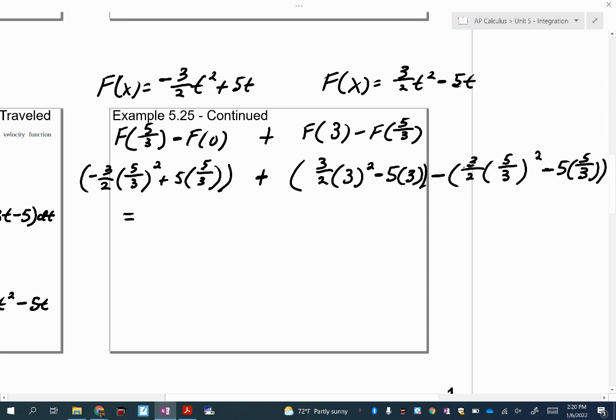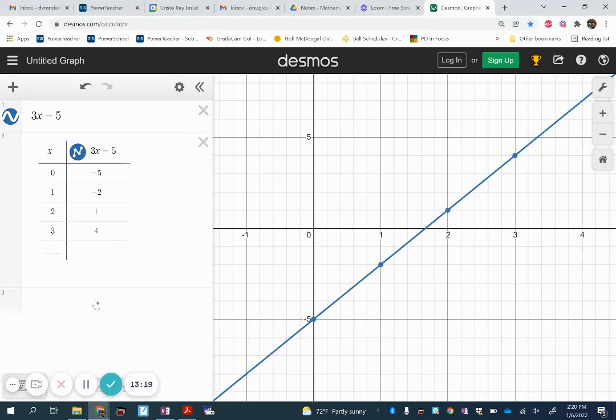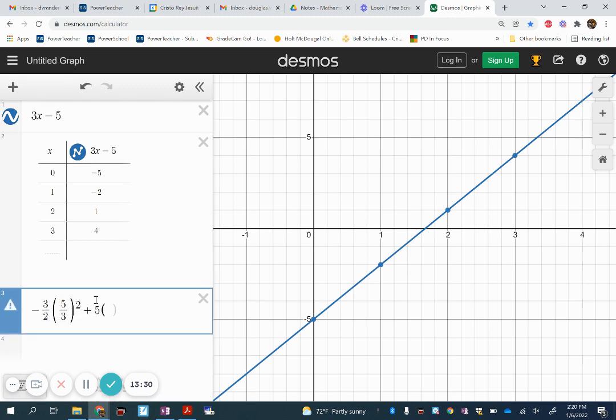Okay, I know that's a lot going on, so let's chop it up for you in Desmos so you can see all the pieces that I'm finding. I'll first plug in the 5/3 into that first antiderivative of negative 3/2 times t squared plus 5t. So negative 3/2 times 5/3 squared plus 5 times 5/3.